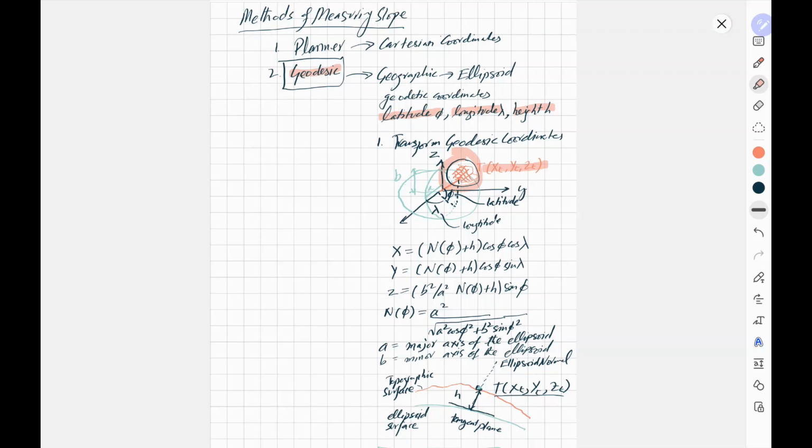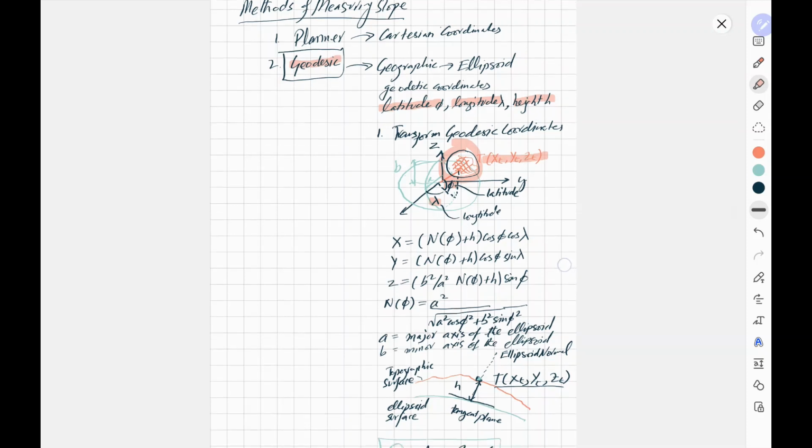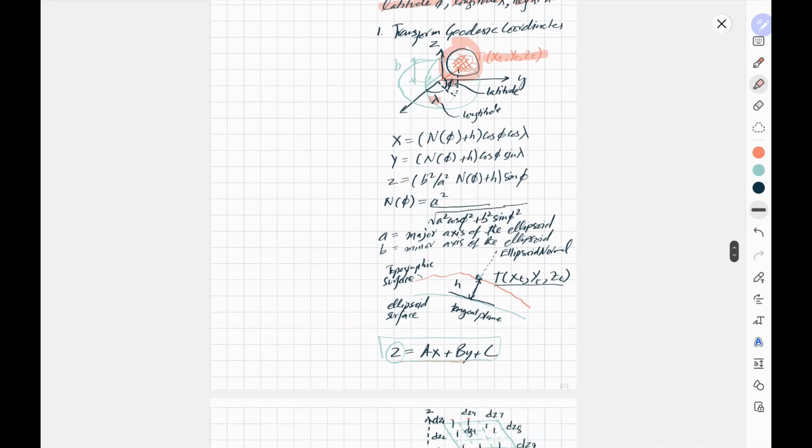The center point of this surface will have some longitude, some latitude, and some height from the datum. So you convert that into x, y, and z using the formula.